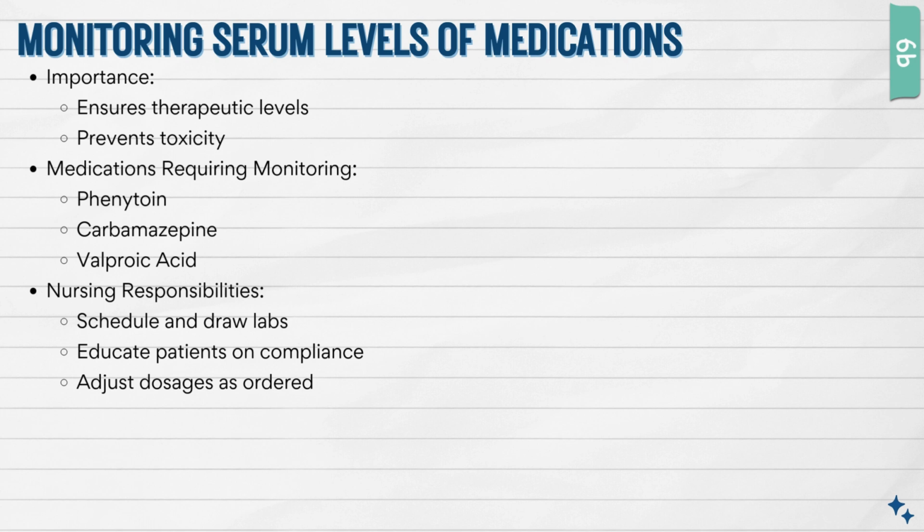Okay, so it's so important that you're documenting everything as accurately as possible, even the time of the med admin. Okay, because we need to be drawing levels as indicated. And then again, if you get a lab value back that it's closing in and or on the toxic level, you should be notifying the healthcare provider so we can adjust those dosages.